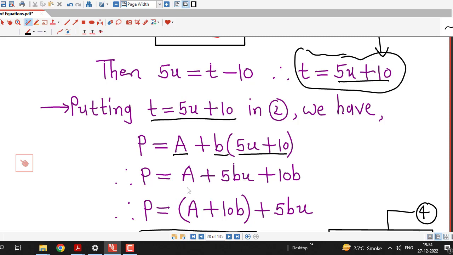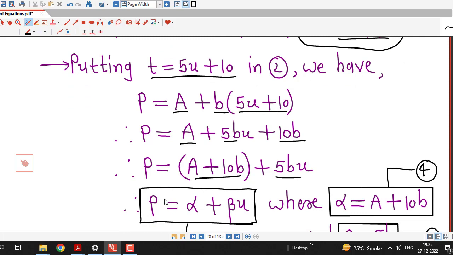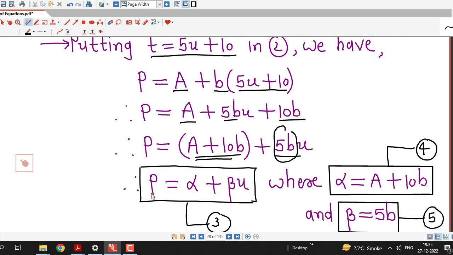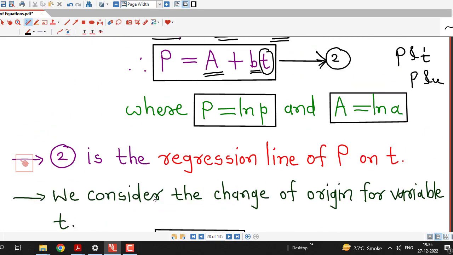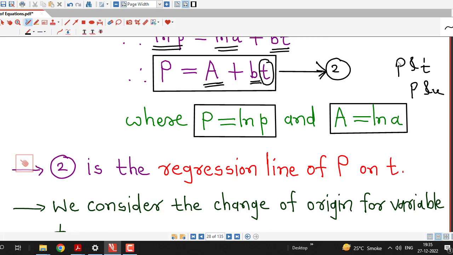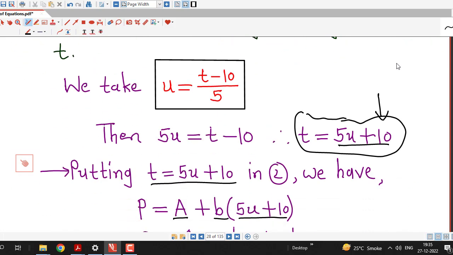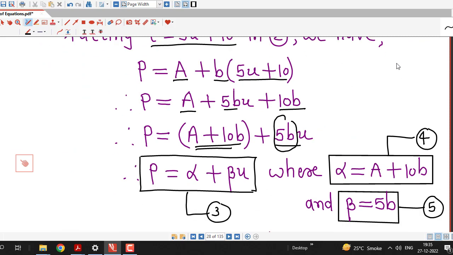Therefore P equal to A plus 10b, which is constant, plus 5b times u. And now I can assume A plus 10b equal to alpha and 5b equal to beta, and I find that regression line 2 is converted from P and t into capital P and u.